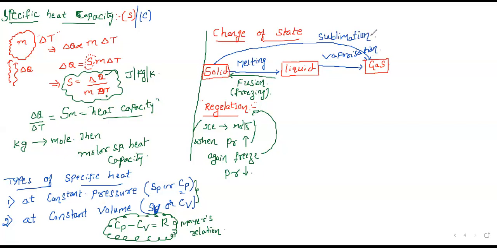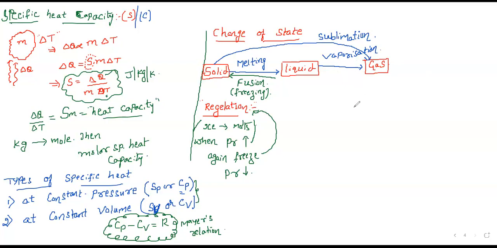Sublimation is the change in state from solid to vapor state without passing through the liquid state. You can consider camphor. Camphor is in solid state actually. When you burn that, it is going to turn into vapors directly. That is what we call sublimation.